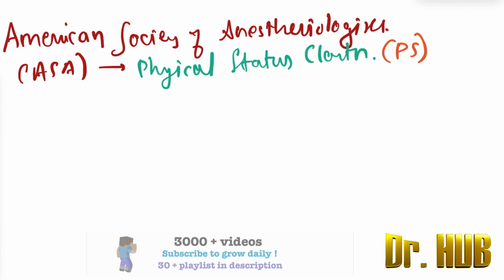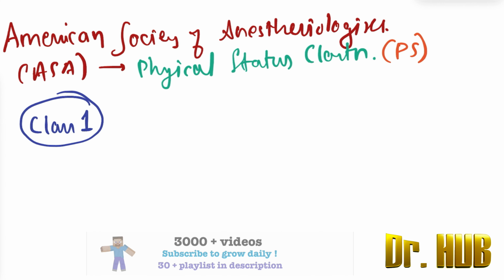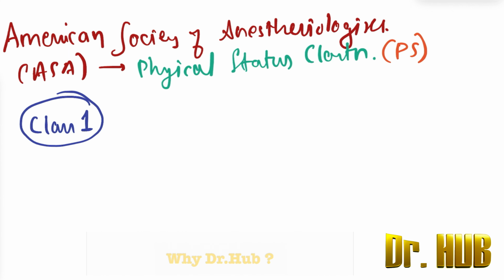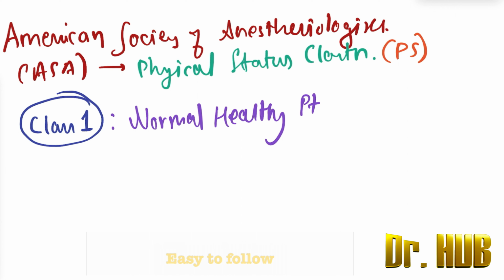Now to begin with, first we look at class 1. Class 1 is a normal healthy patient. What are the examples of class 1?